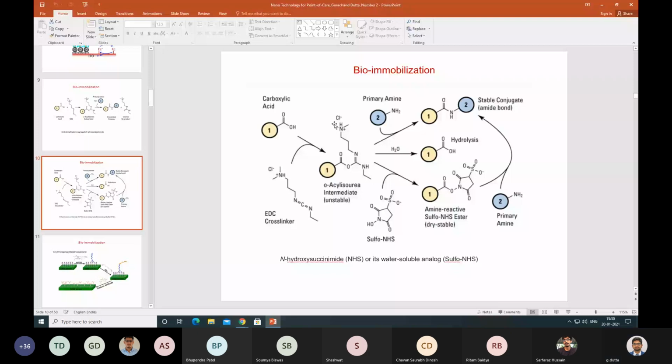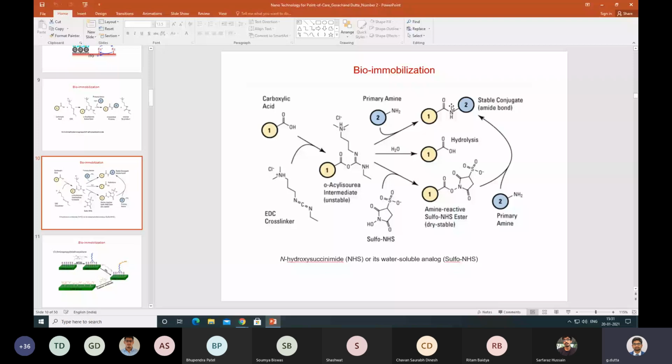This complex's leaving aptitude with the primary antibody amine group is very fast. So this will react, and this sulfo-NHS leaving group will be removed, and you will get the primary antibody on the carboxylic acid group electrode surface much faster. This conjugation will be more effective than only EDC.